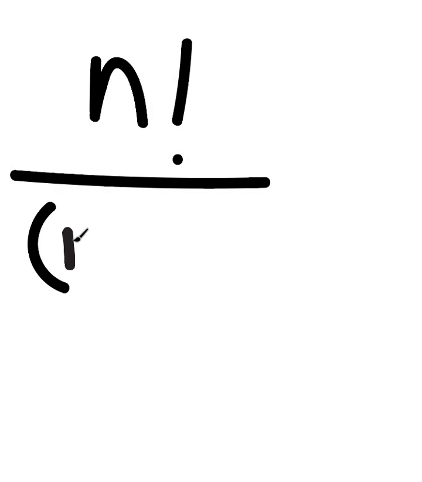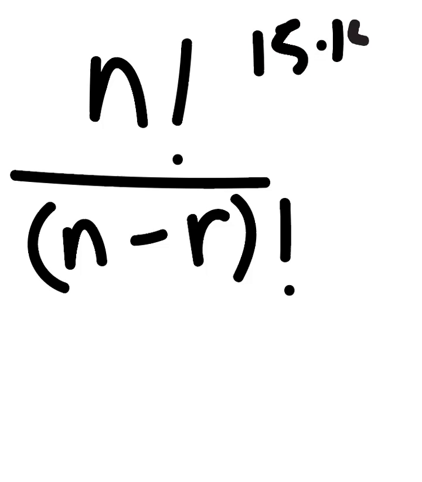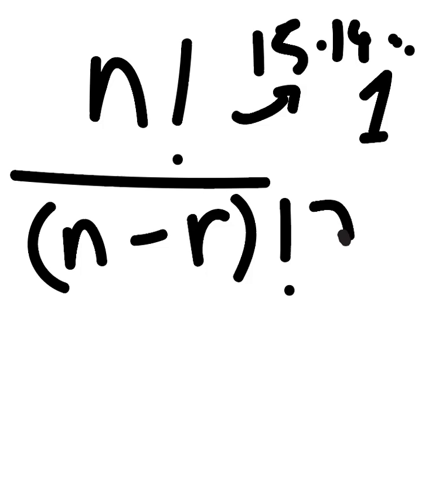Hopefully that's clear. So again, what we did was we had n factorial, we divided out n minus r factorial things, and we had 15 times 14 all the way down to 1. And here, this was, I believe, 12 times 11 times all the way down to 1.